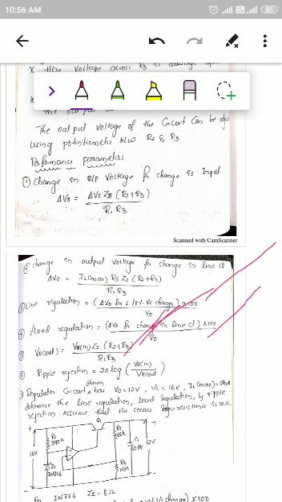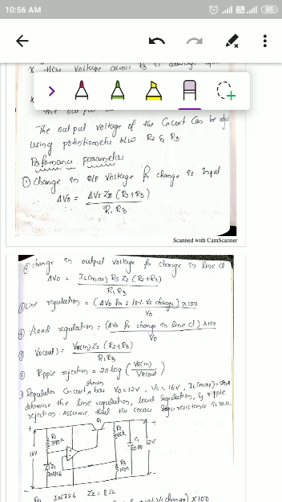The ripple rejection factor is once again 20 log of VR in divided by VR out. These are the performance equations of the adjustable output voltage regulator. Make two columns and write the performance equations for the voltage follower regulator and the adjustable output voltage regulator, so that you can compare them and easily remember the equations.